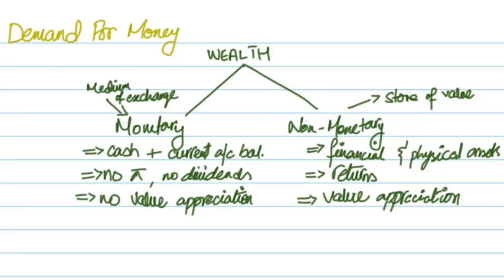So the demand for money is basically the demand for all monetary assets, which means the demand for cash and current account balances.